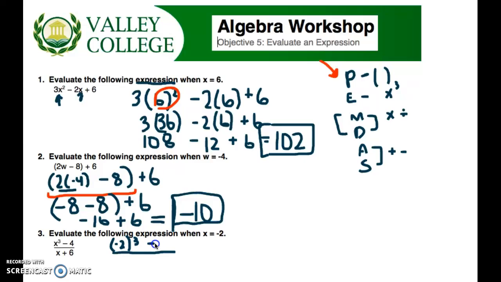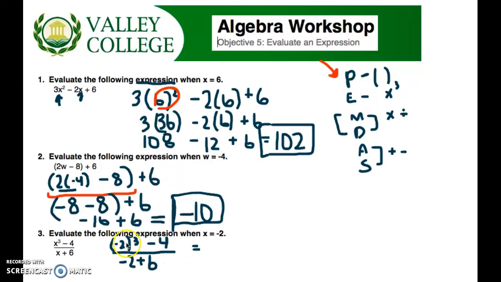I'm going to take away 4, and that's in the numerator. The denominator has an x, which will be a negative 2, and a plus 6. The best thing to do when you're evaluating expressions with fractions in them is to do the numerator by itself and do the denominator by itself, and then get your final answer.